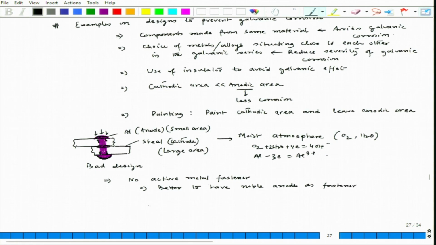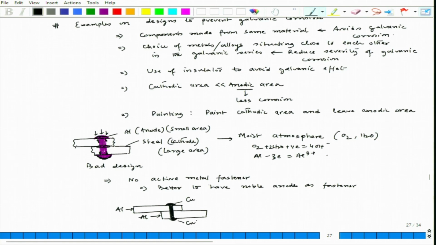let us say these are aluminum plates, and we can have a copper rivet, okay.